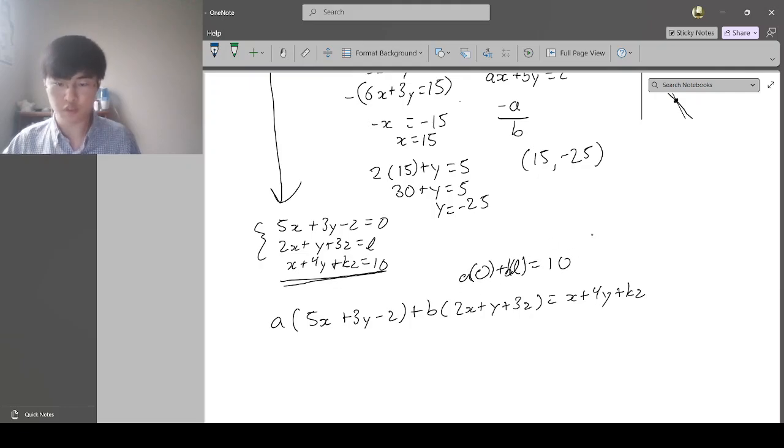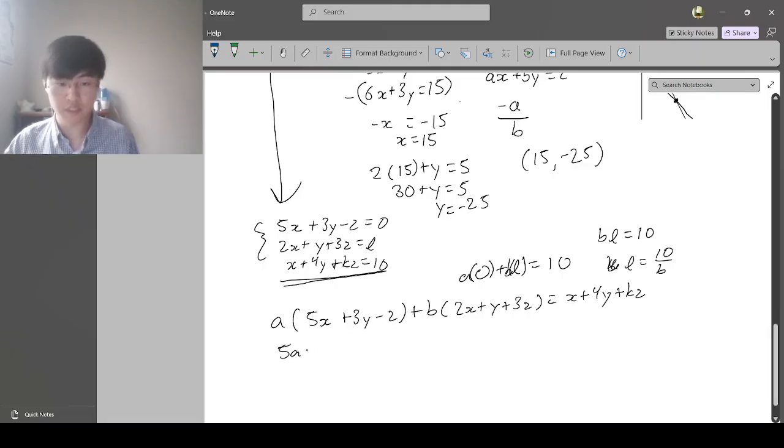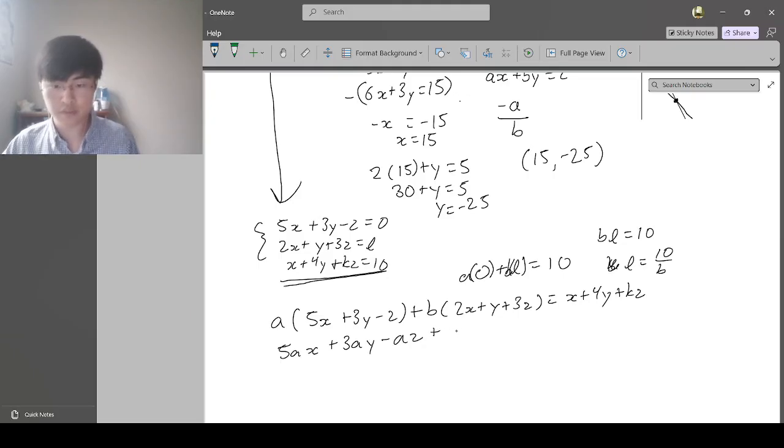So if we were to solve for the first one, which is much easier, it's just BL is equal to 10. In other words, we can also just say L is equal to 10 over B. Now on the other hand, we can distribute the A into B. So we have 5AX plus 3AY plus AZ plus 2BX plus BY plus 3BZ is equal to X plus 4Y plus KZ.